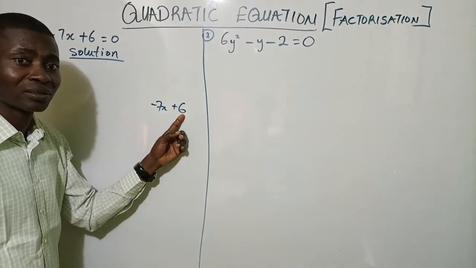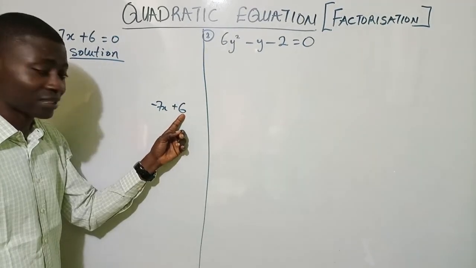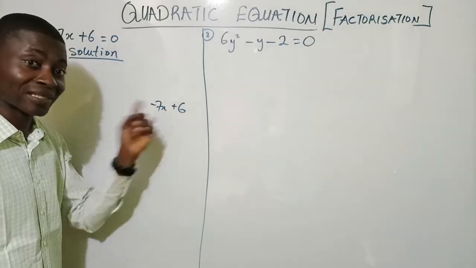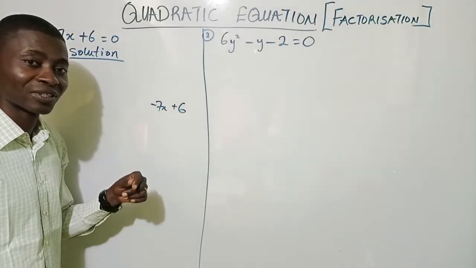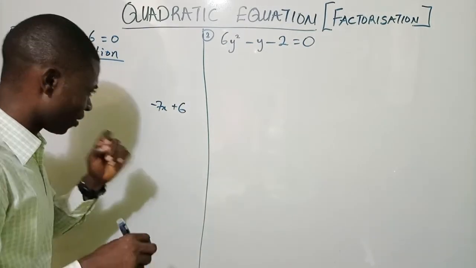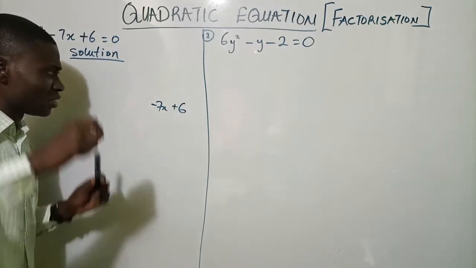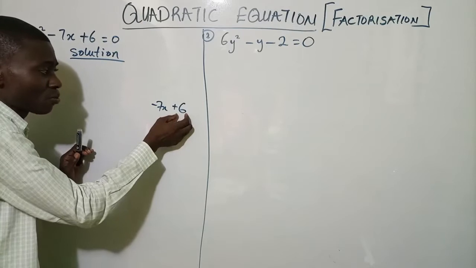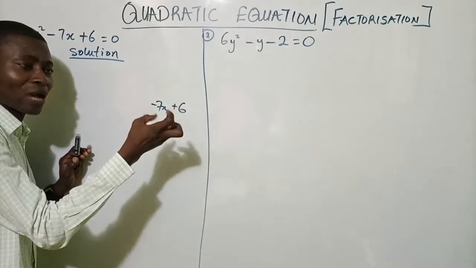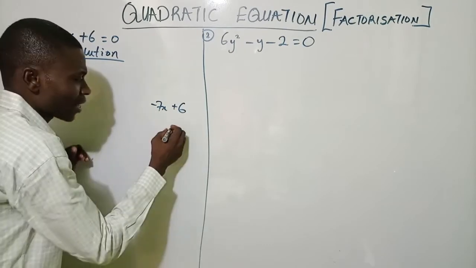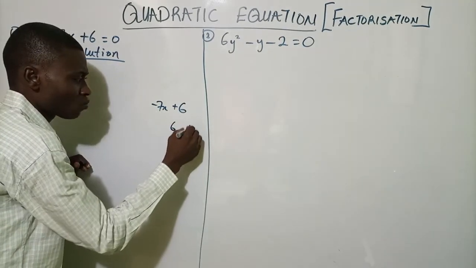Of course, what comes to our mind is 6 and 1, because 6 times 1 is 6, and 6 plus 1 is 7. Here comes another important thing.